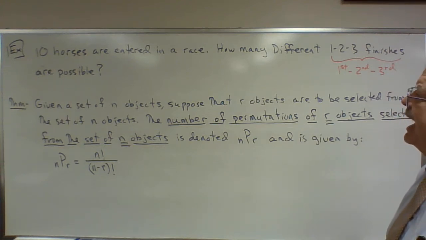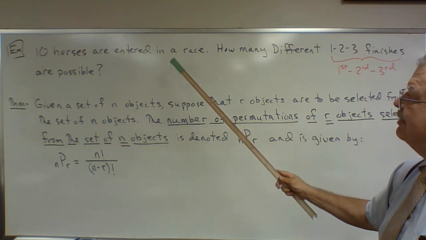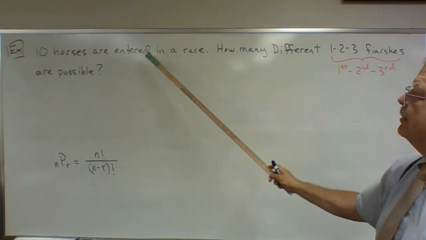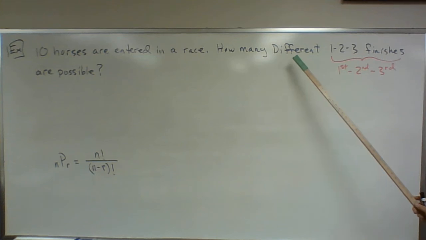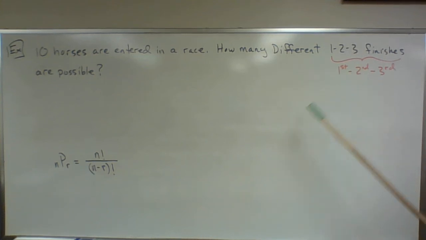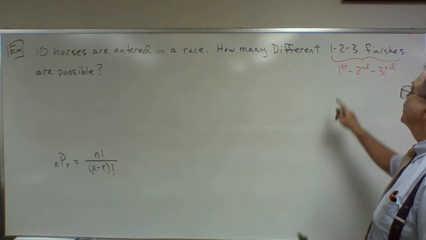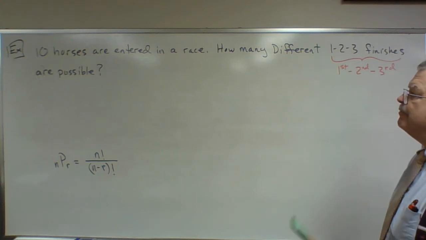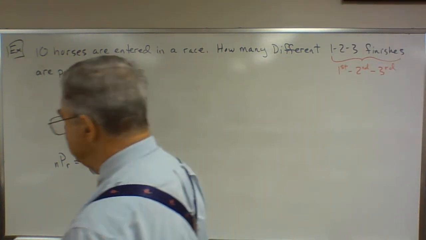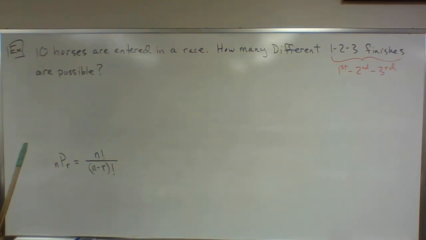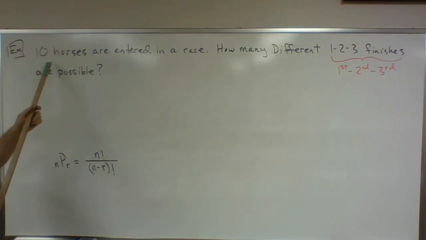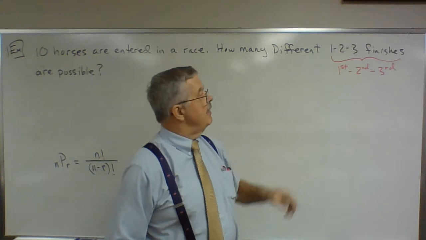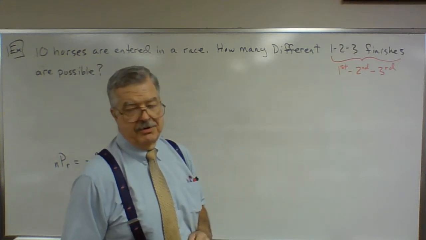Now let's apply that to this example. Here's our example. 10 horses are entered in a race. How many different 1, 2, 3 finishes are possible? And of course, when we talk about a 1, 2, 3 finish, order matters. So here's what we're doing. From a set of 10 horses, we're selecting 3 horses. And those 3 horses are going to be ordered.